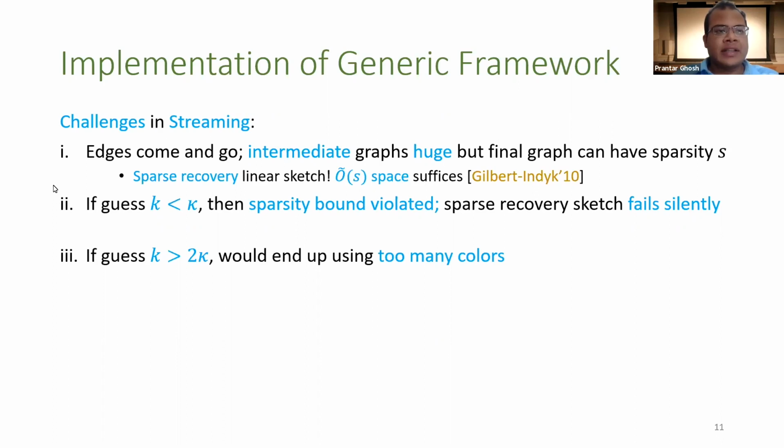If our guess kappa is too small, then the sparsity bound would be violated, and thus the sparse recovery sketch would fail without raising an explicit error.